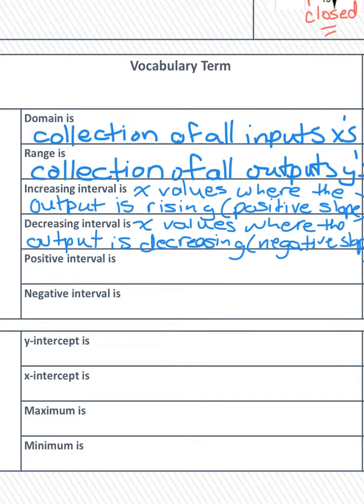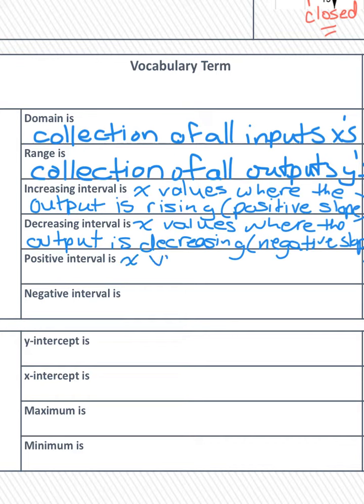Okay, the next two terms, positive and negative interval, are easy to get confused with increasing and decreasing. But the positive interval is the x values yielding an output that is positive, or greater than 0. And the negative interval are those x values yielding an output that is negative, or less than 0.